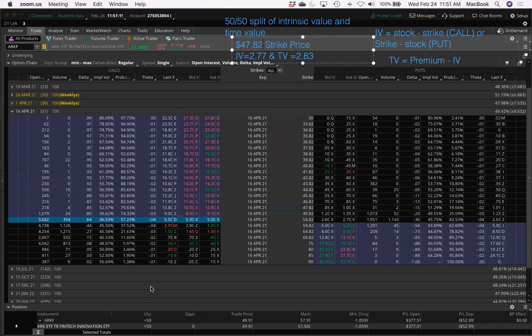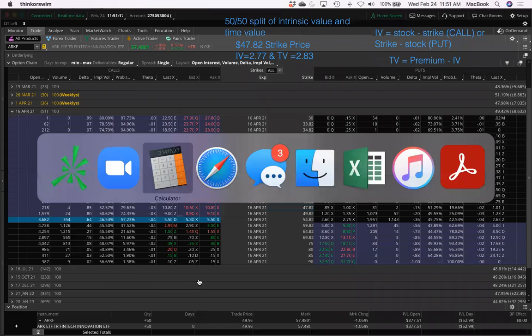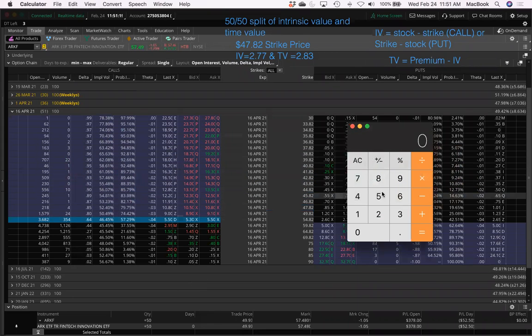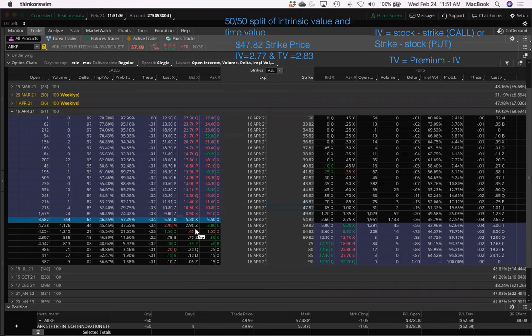So again, let's pull up the calculator. And so we have $57.49 minus 47.82. That gives you an intrinsic value of $9.64.